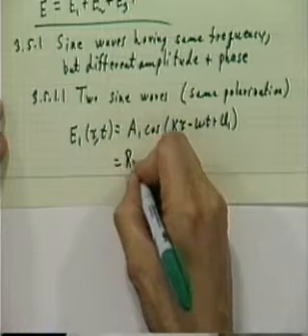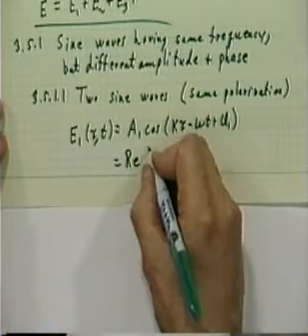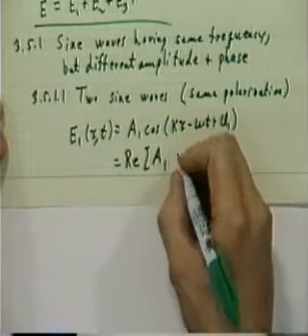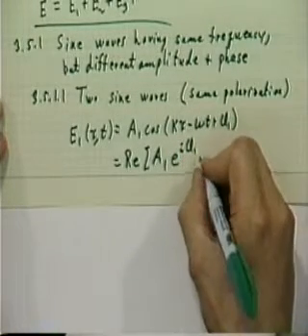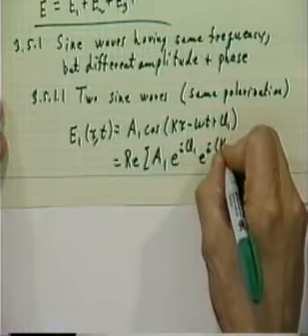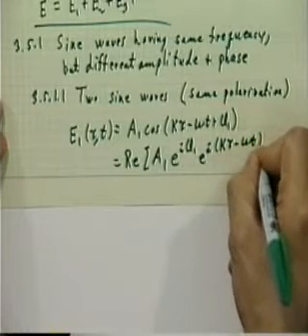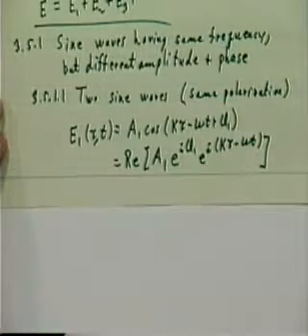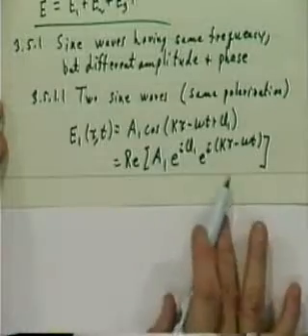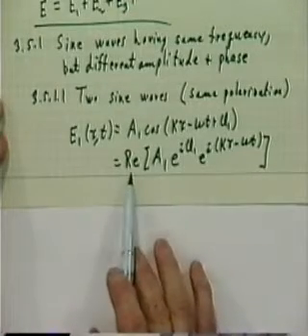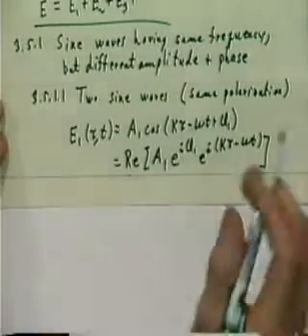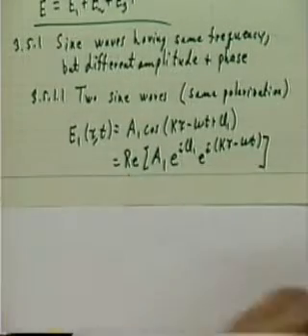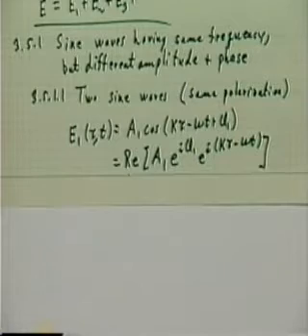And if you want, you could write that as the real part of A1 e to the i phi 1 e to the i kx minus omega t. Now normally when we write things in complex notation, we won't bother to write down the real part, because everyone here already remembers that it's the real part that we're going to work with. So that's one sine wave.